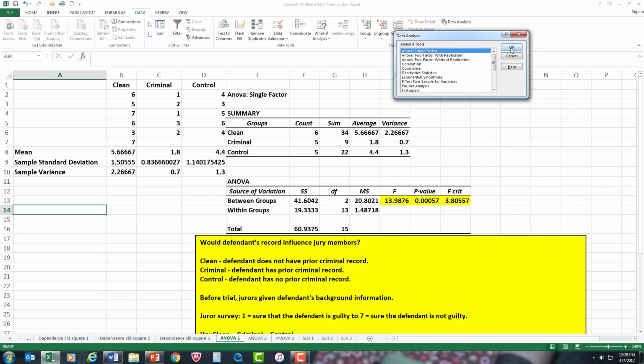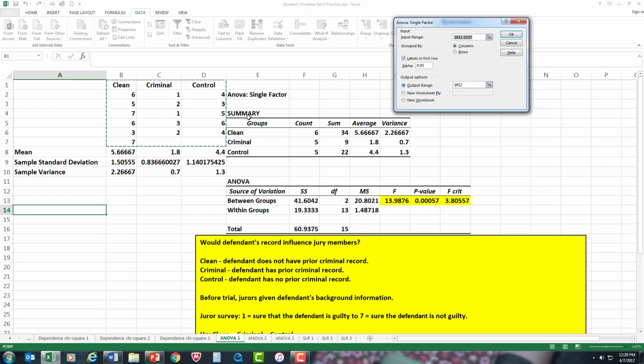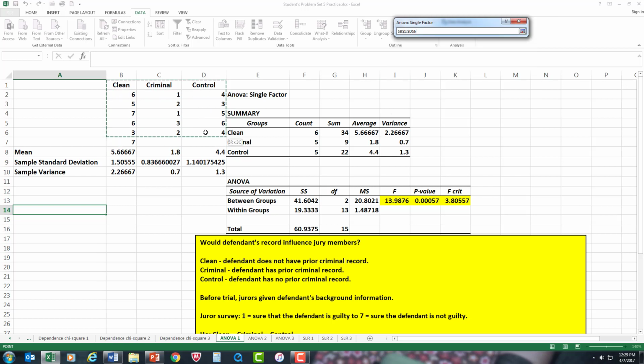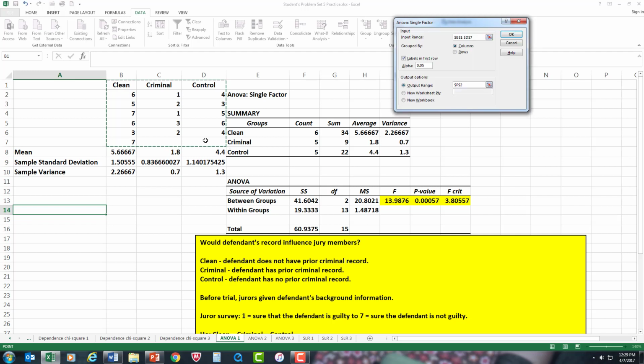Once you select your function, press OK, and it asks for the input. I did this already, so you input all of the data. Be careful not to include your mean, standard deviation, and variance. Make sure that labels is checked, because I did include labels.